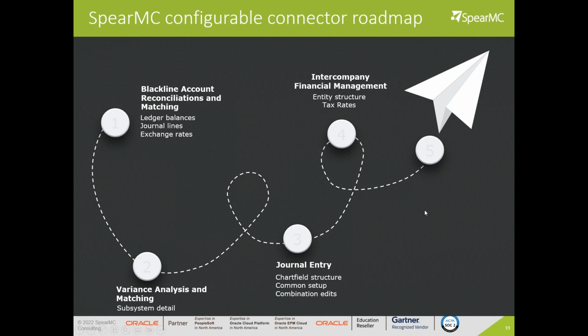So all that leads up to where Oceaneering ended, or where Oceaneering started, which was intercompany financials. And so in addition to the prior phases, we would also need an entity structure and tax rates if they apply. And then phase 5, either for commercial or for intercompany, is to enable accounts receivable automation.